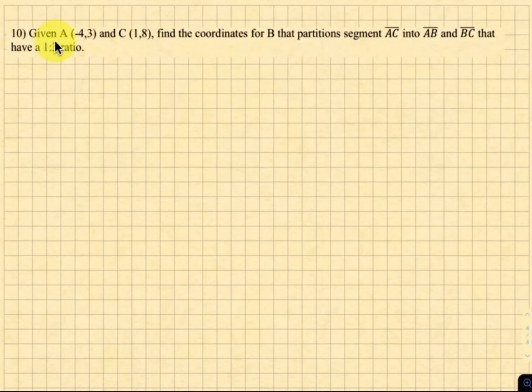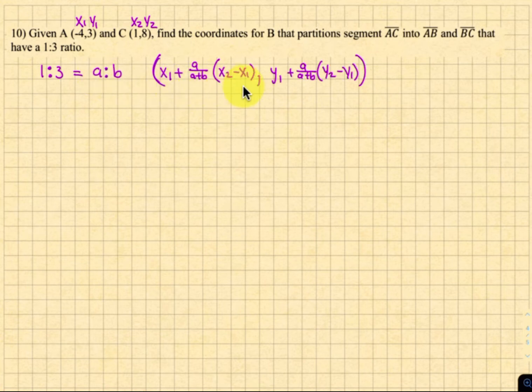And here's number 10. Given point A, which is -4, 3, and point C is 1, 8, find the coordinates for B that partition segment AC into AB and BC that have a 1:3 ratio. All right. The 1:3 ratio is our A to B. And again, this is our partition formula.